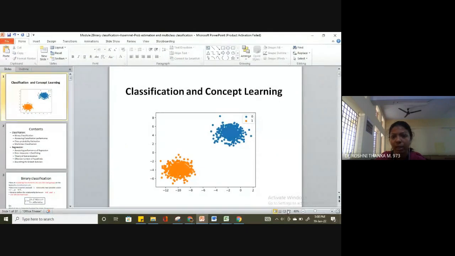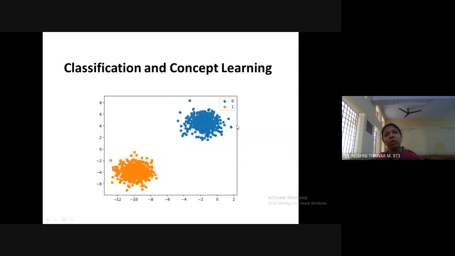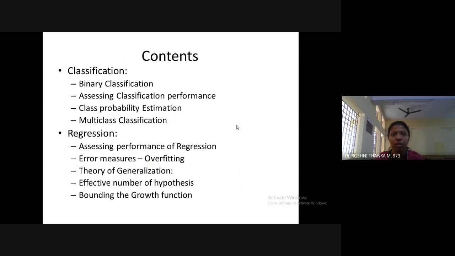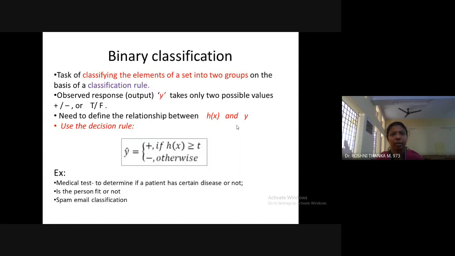Let's start. We all know what classification is. We want to classify whether it is a ham mail or a spam mail, whether this person has this particular disease or not, and whether a loan can be offered to this particular person or not. Whenever we have two possible answers, two possible output classes, we call that binary classification.